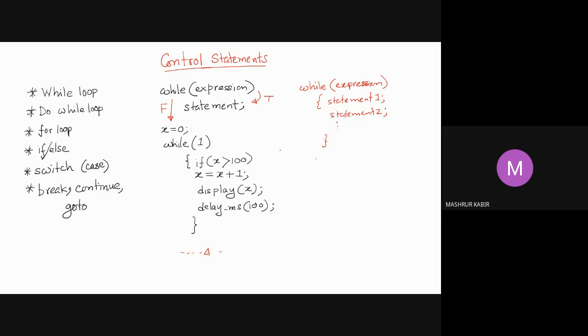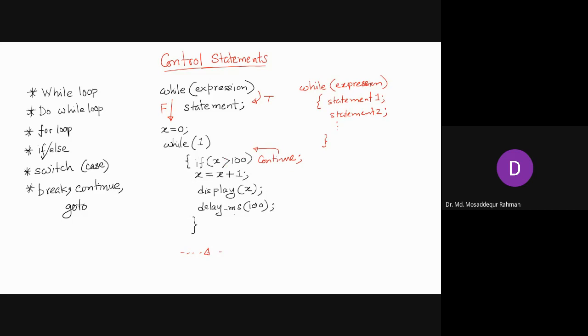It will just continue. So continue means it is asking the program to go back to the beginning of the loop, right? Whatever continue you have inside this control loop, it means it is asking the program to transfer the control to the beginning of the loop.